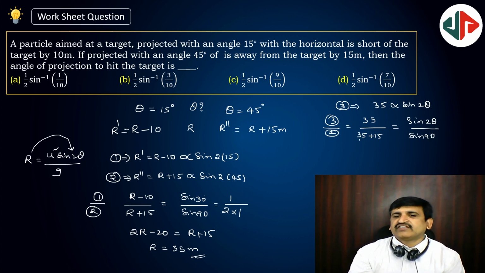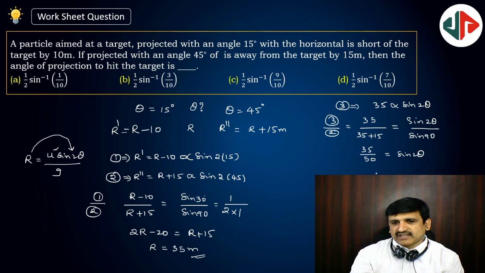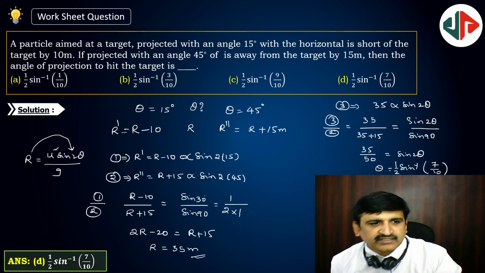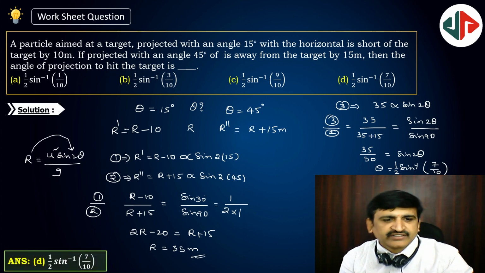Okay, 35 plus 15 how much? 50. Yes, 35 by 50 is equal to sine 2 theta. So 5 table will go, 7 by 10. Yeah, 7 by 10. Theta is equal to half of sine inverse of 7 by 10. Yeah, check it. 7 by 10 option is there. He is asking that, D, correct.